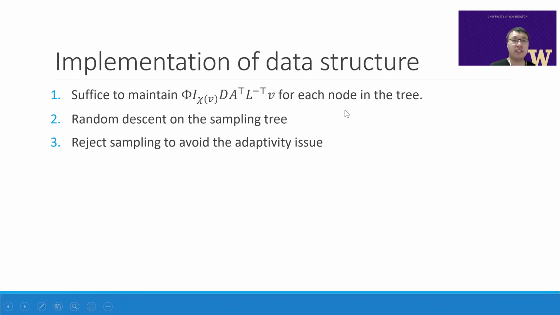Once we have the sampling tree, we can maintain a sketch by multiplying a sketching matrix on the left for each node in the tree. Using the sketch, we can estimate the L2 norm squared of those subsets of indices, and we do a random descent based on those estimations. Because here we multiply a sketch matrix on the left, we do rejection sampling to avoid the adaptivity issue.